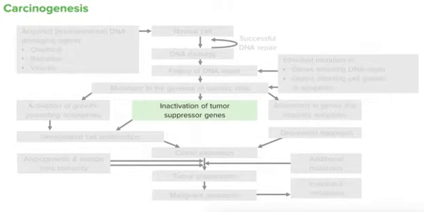Where we are here with carcinogenesis is finally the inactivation of tumor suppressor genes, and now I'll give you a table that we will talk further about, what this means to you. So tumor suppressor genes, what are these?